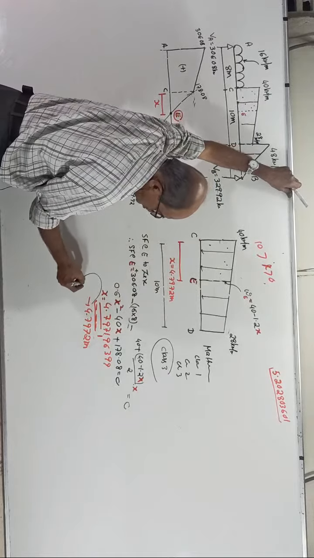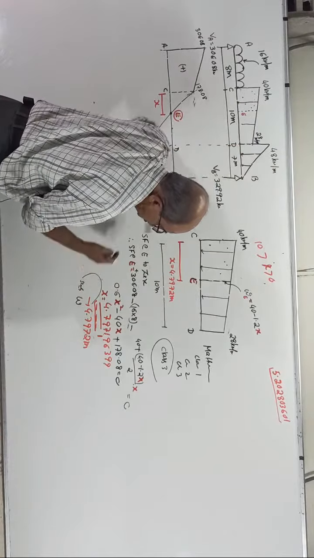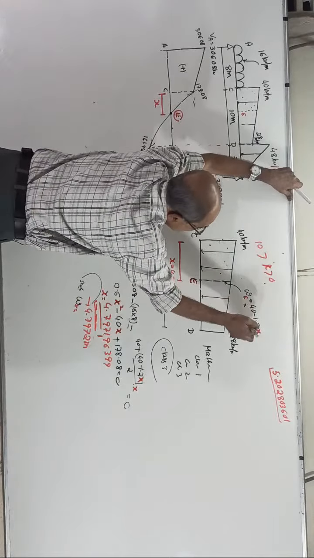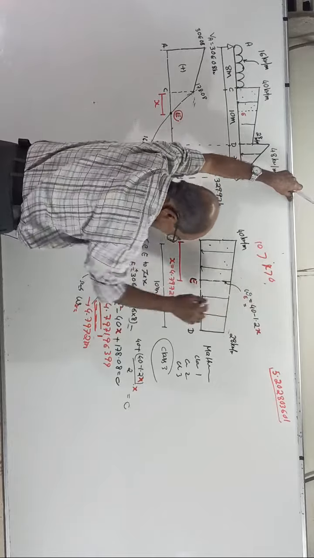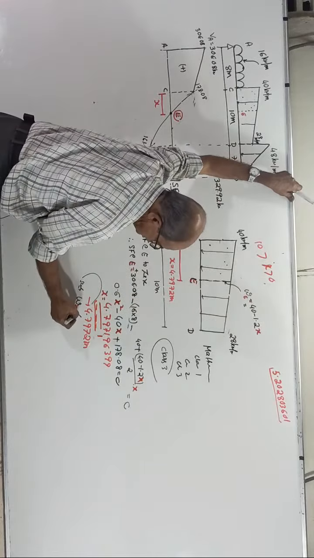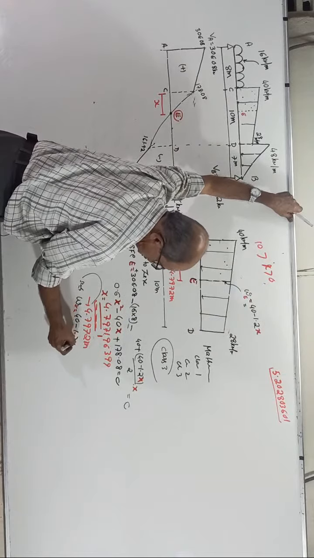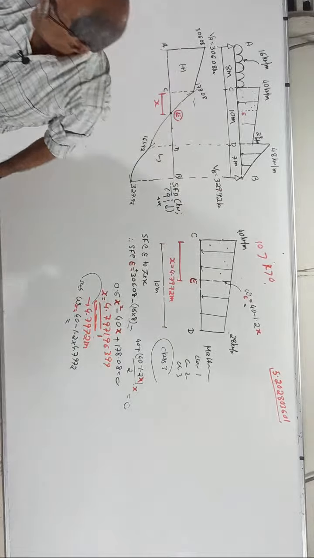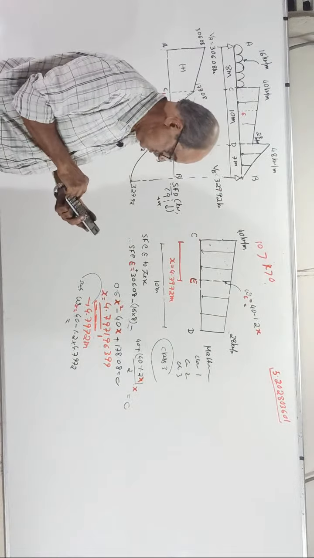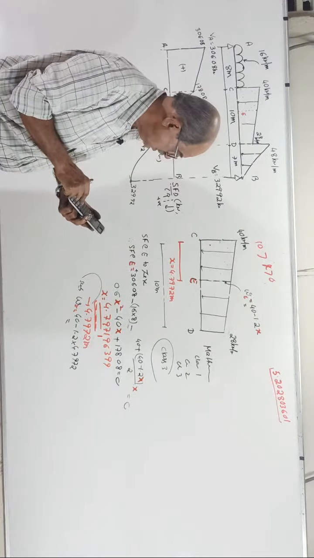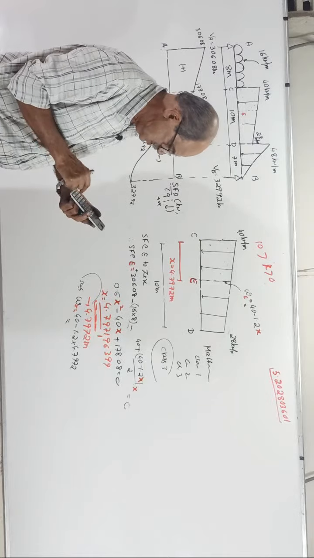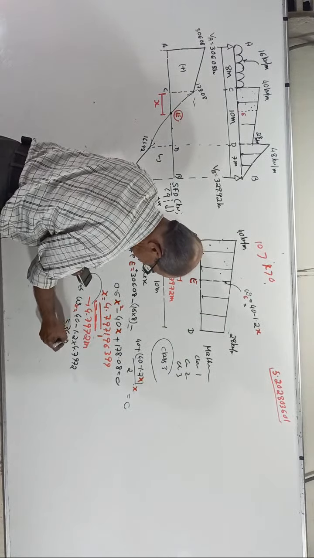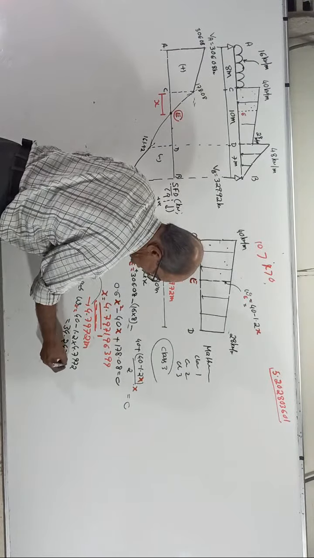And immediately do one thing. Substitute that x value and get w at x. Why should I do it? In this equation, you substitute. Right here, wx equal to 40 minus 1.2 into 4.7972, which will come to 34.24336 kilonewton per meter.